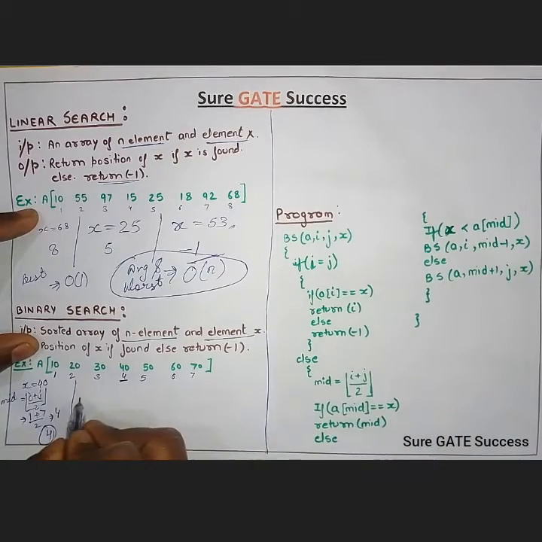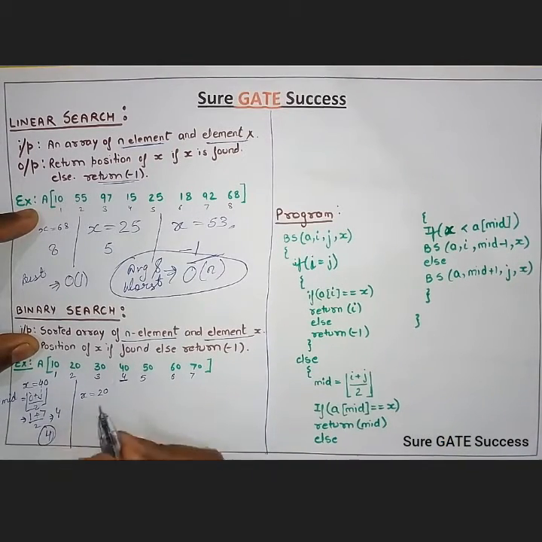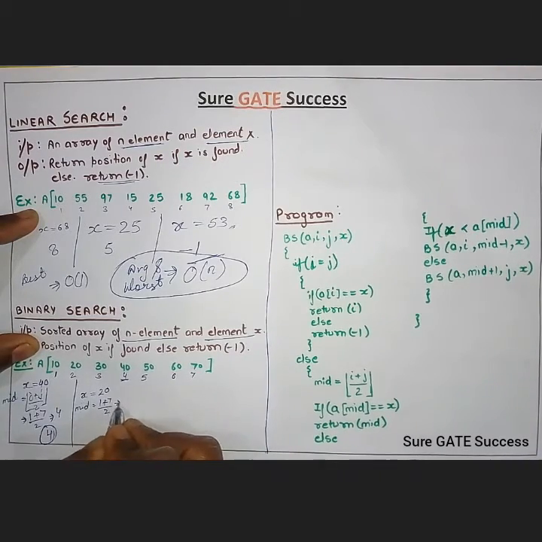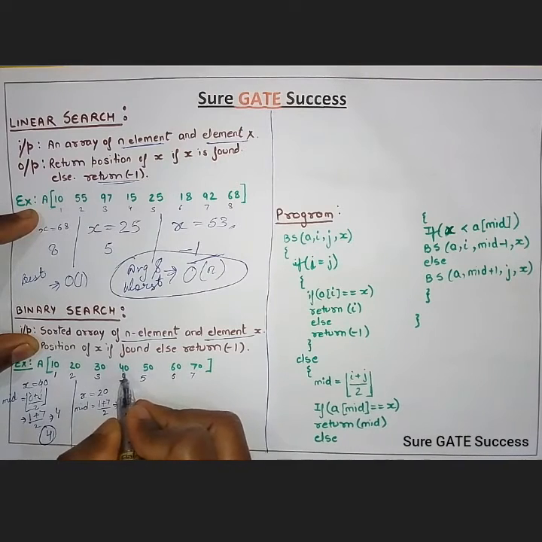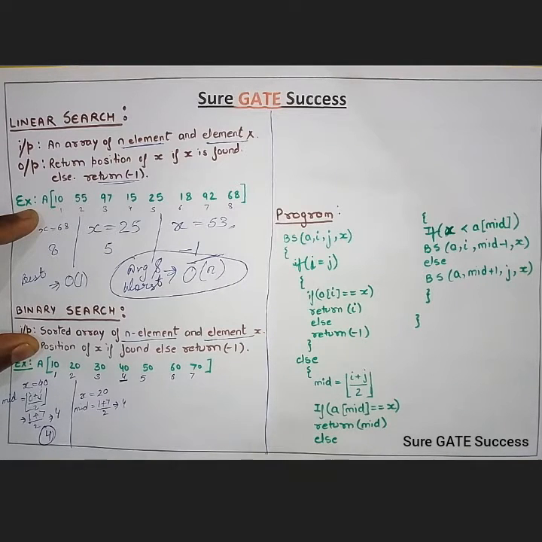And now if we have to find 20, similarly we have to divide. If we find the midpoint, what will it be? i, that is 1, plus j, that is 7, by 2, it will be 4. Now we have to compare with 4, whether 20 is less than 40 or greater than 40.